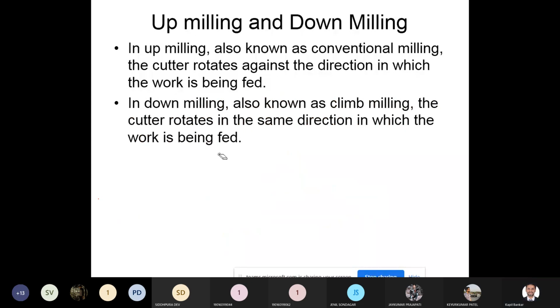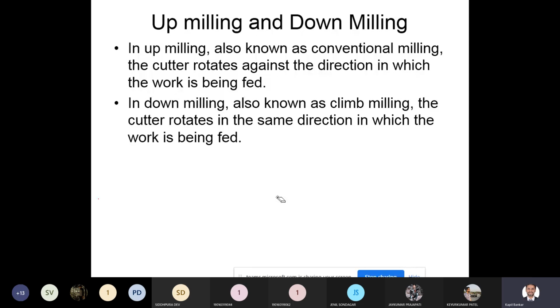being fed. As in this image I drew within 2 minutes, in up milling the directions of the cutter and the direction of the workpiece are opposite. And in down milling, the directions of the cutter and workpiece are the same.